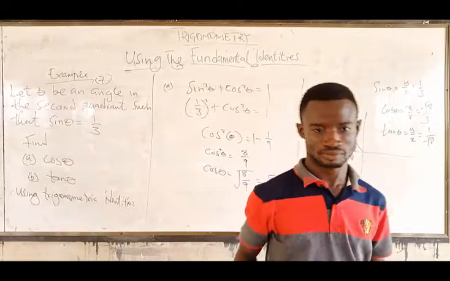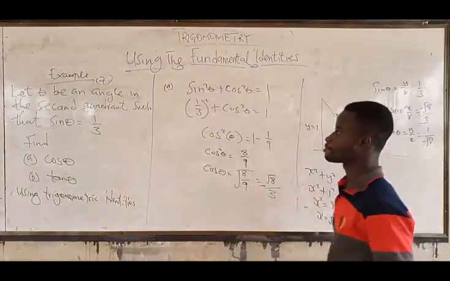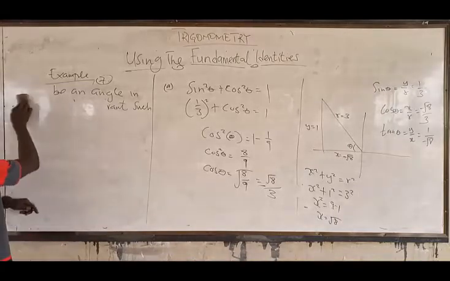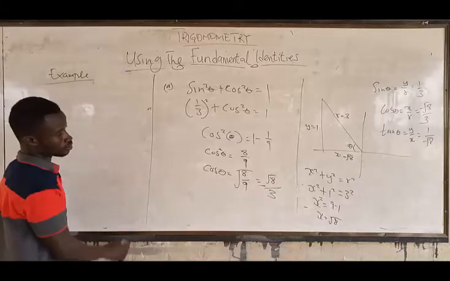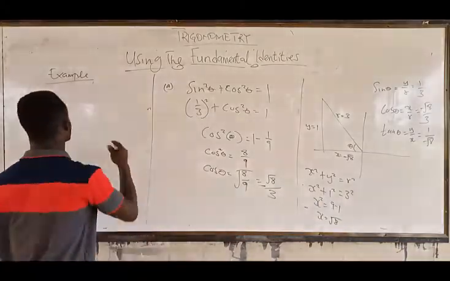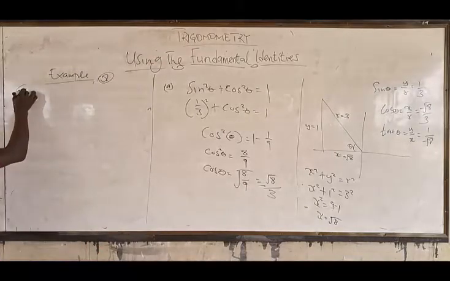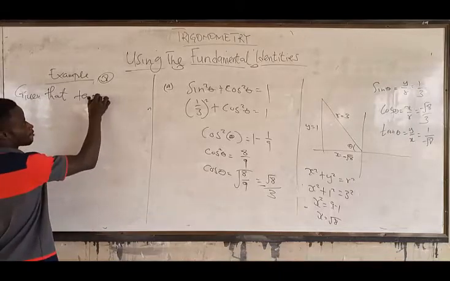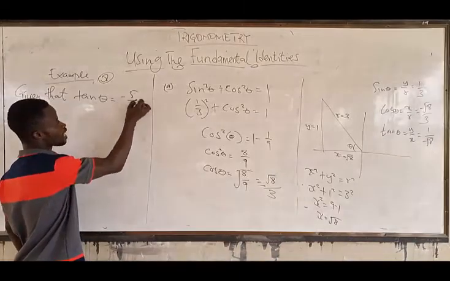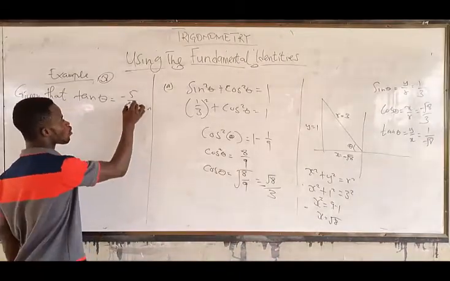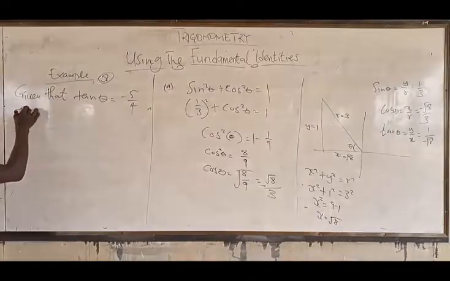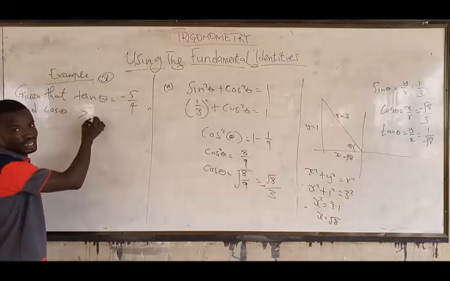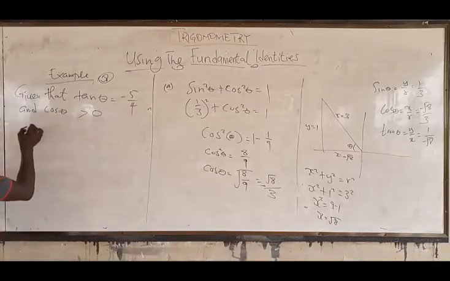One more. Last one. Question 8: given that tan theta is negative 5/4 and cos theta is greater than 0.